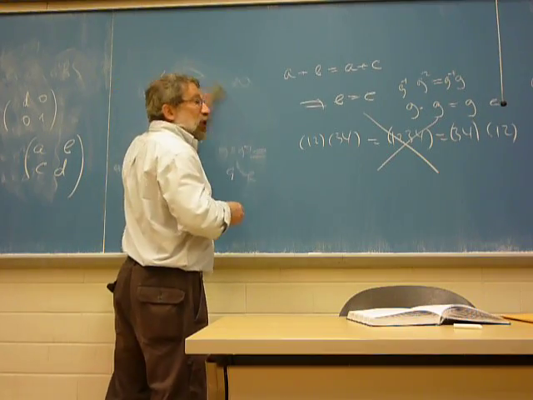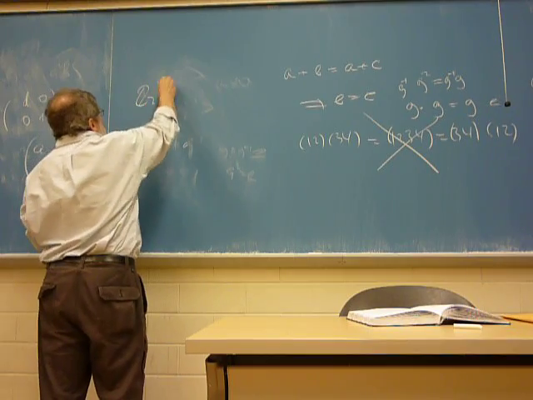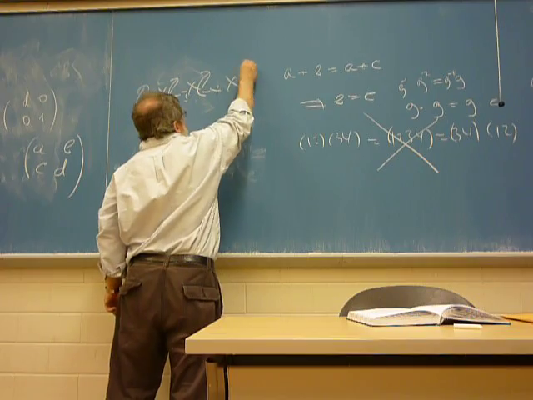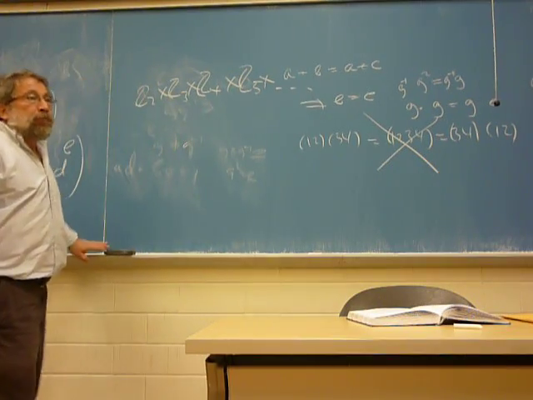Say, how about such an example? Take Z2 cross Z3 cross Z4 cross Z5 cross and so on.